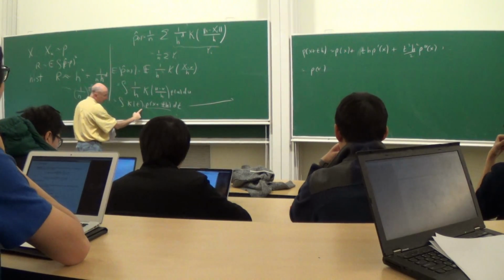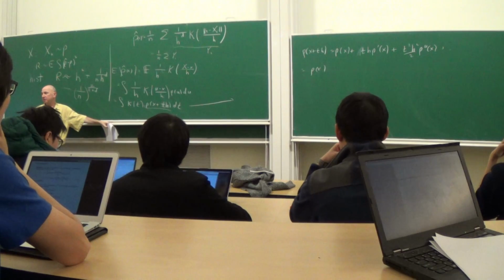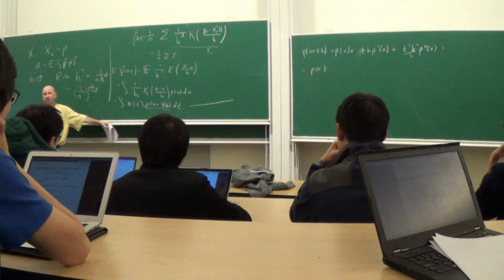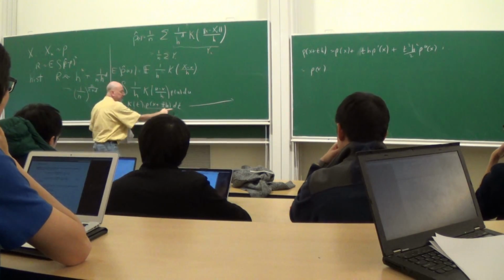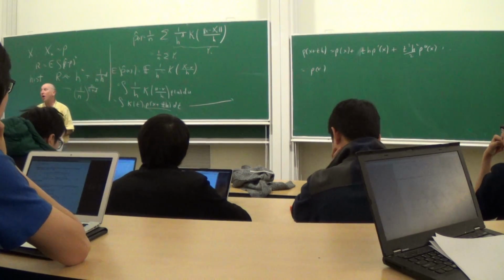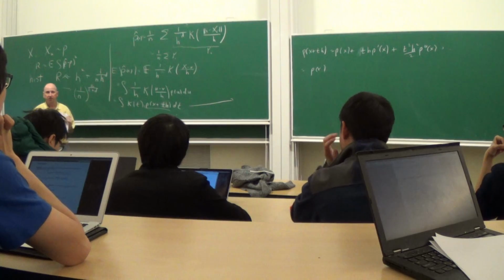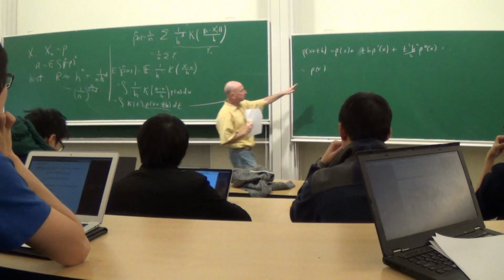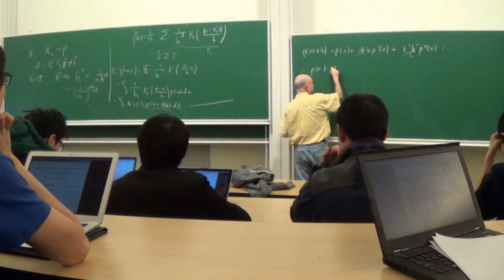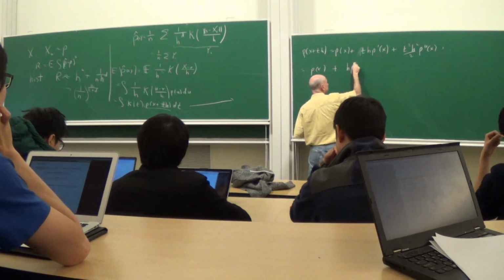Well, what's the integral of K of t dt? It's 1. That's why we chose the kernel to have integral 1. Now the next term looks like this.